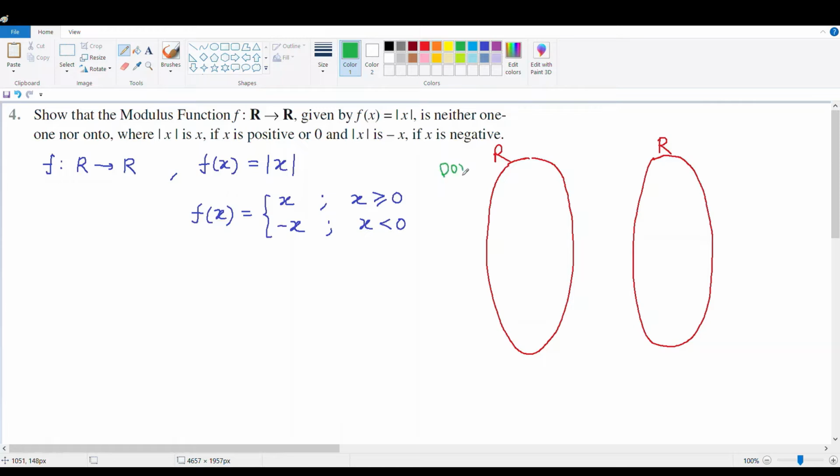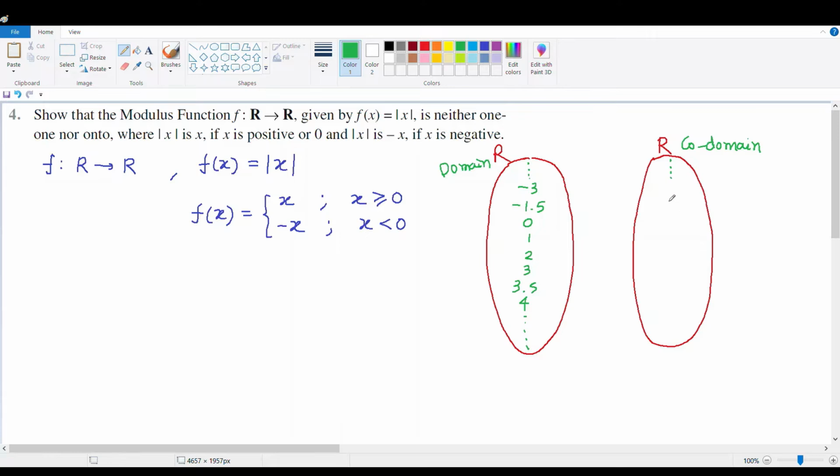So this is our domain and this is our codomain. Now all the real numbers that you can think of, they are all in here in this domain and they are all in here in this codomain as well. Now let's think of lots of numbers from negative infinity. Let's take negative 3, then maybe let's use decimals as well, then 0, then 1, then 2, then 3, 3.5, 4, and then a bunch more, right?